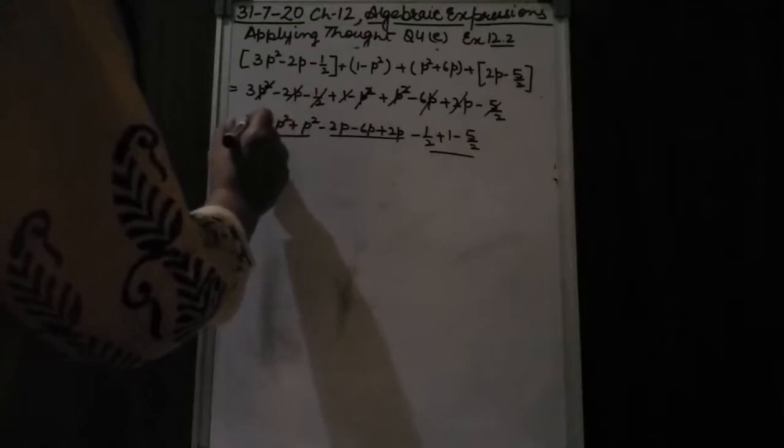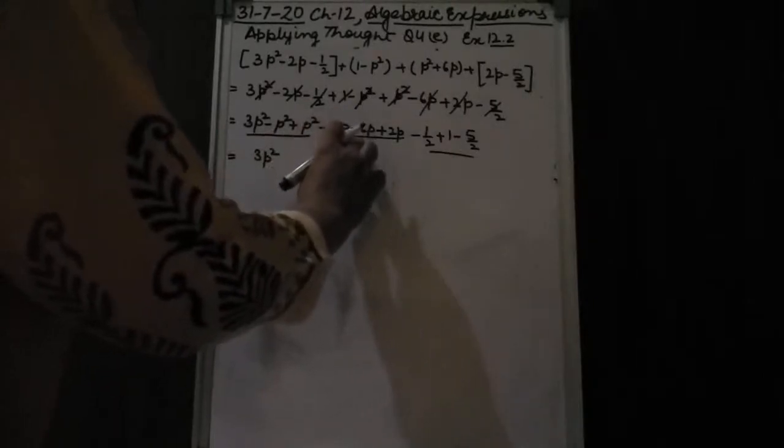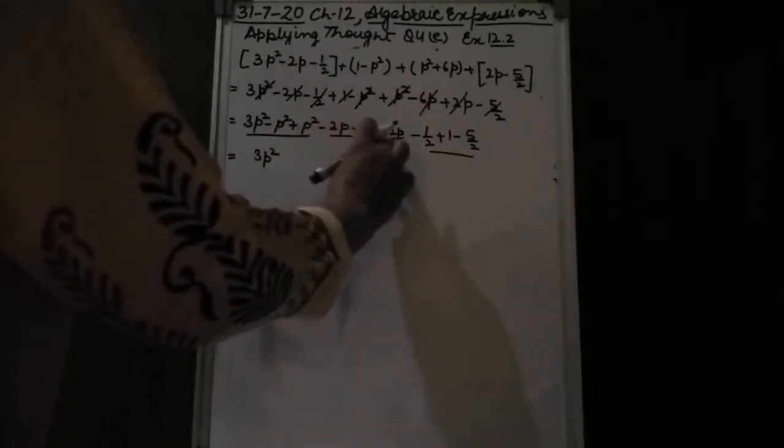You have done regrouping, collecting the like terms. 3 and 1 4 and minus 1, 3p square. Now here minus 2 minus 6 minus 8 plus 2 minus 6p.